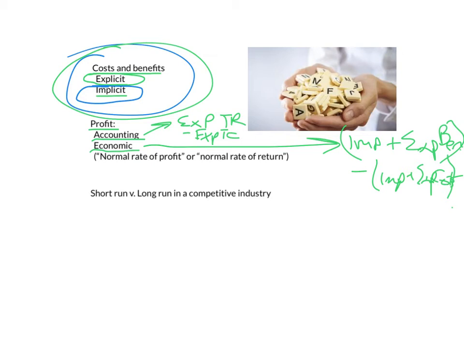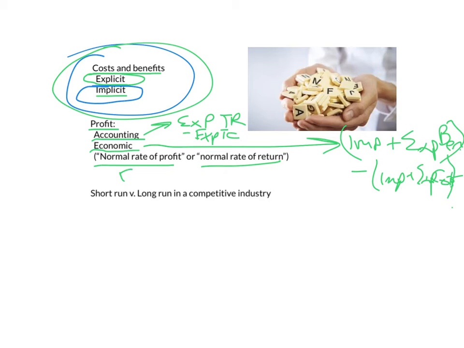So a business knows this, that they have to return a normal rate of return to their shareholders if they want to keep those shareholders holding their stock. And if all your shareholders decide to dump, your stock's going in the toilet, and the remaining investors are pretty upset. So anyway, there's some special rates of profit that we talk about, and normal rate of profit, normal rate of return.